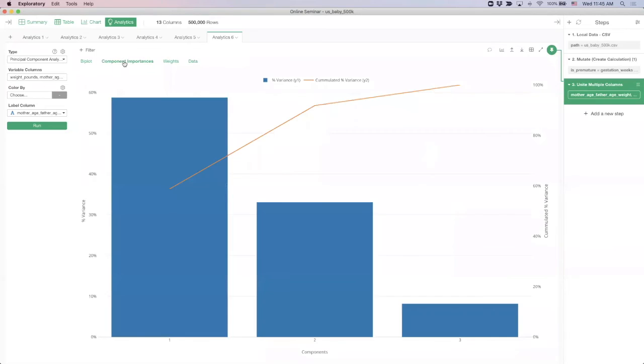And when you go to the component importance, the first dimension contains almost 60% of the information, and then the second has 33%. Combined, the first and second give us 91% of the original information, or the variance of the data.